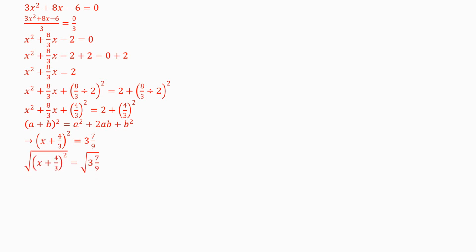Then we square root both sides in order to remain with x plus 4 over 3, and therefore x plus 4 over 3 is equal to 1.9437, or x plus 4 over 3 is equal to negative 1.9437. Then we are going to subtract 4 over 3 from both equations to get the value of x.